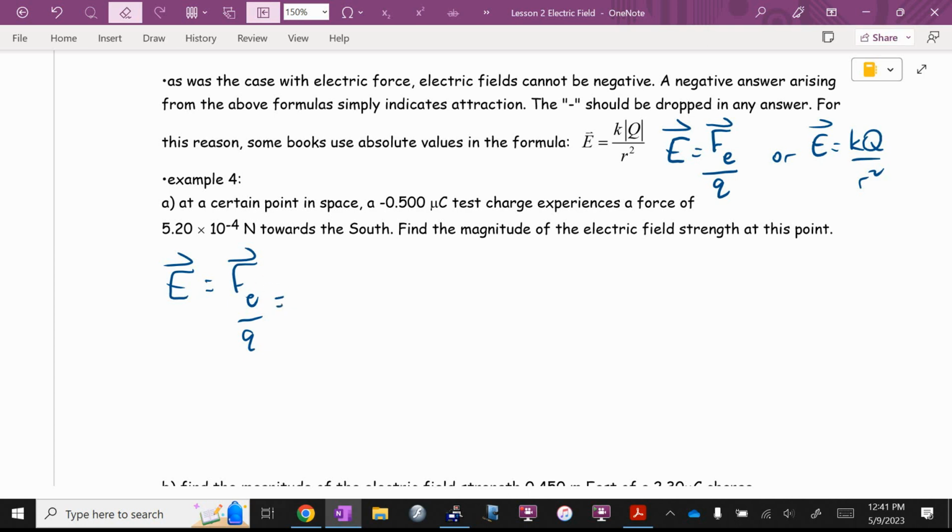What's the electric force this charge is feeling? What's the charge? Are we going to put the negative in? No, absolute value sign. 0.5, and Jaya, this was new as well. What was that little micro coulombs? What was micro? 10 to the.